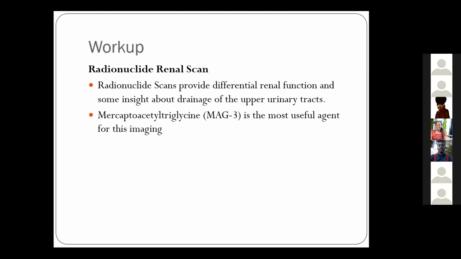These studies are able to tell you that the right kidney contributes this percentage to the function, the left kidney contributes this percentage, so that you know whether you should, for example, make an effort to save one kidney. And it is said that if a kidney is giving you less than 10%, then that kidney really doesn't contribute much, and it shouldn't be salvaged.